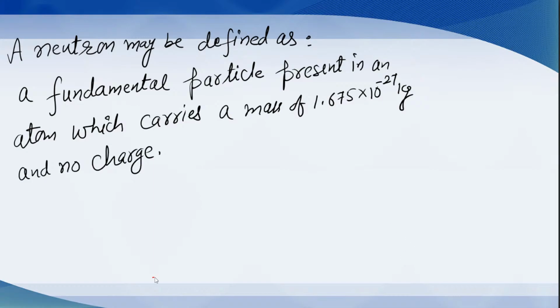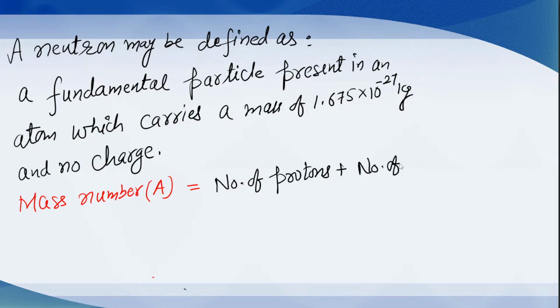So what is mass number? Mass number is actually the sum of the number of protons plus the number of neutrons.